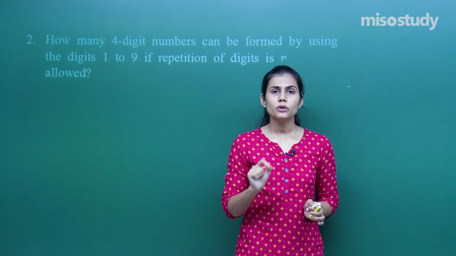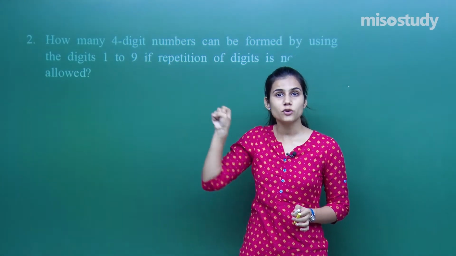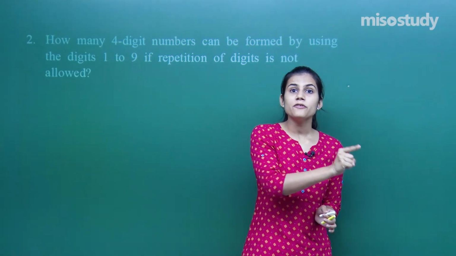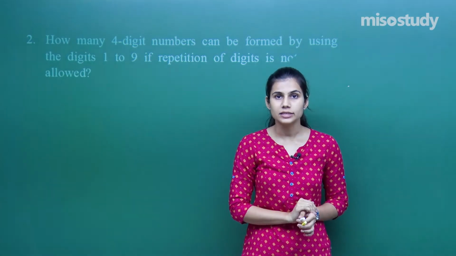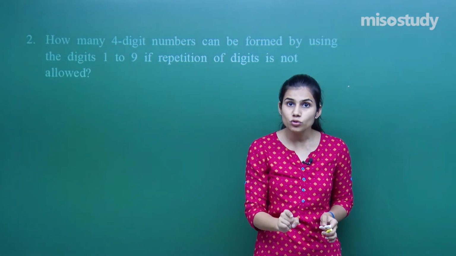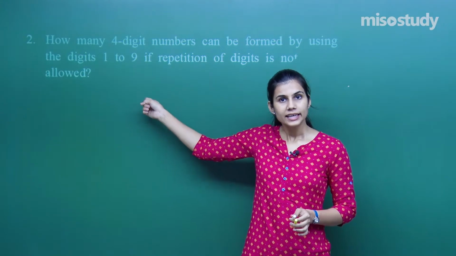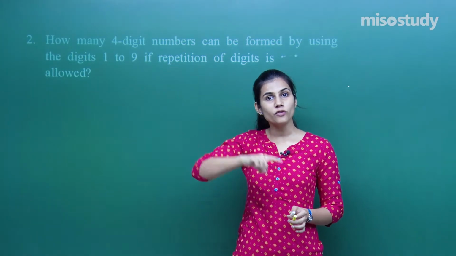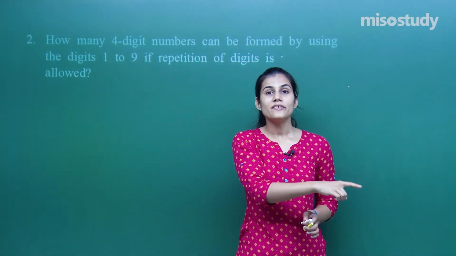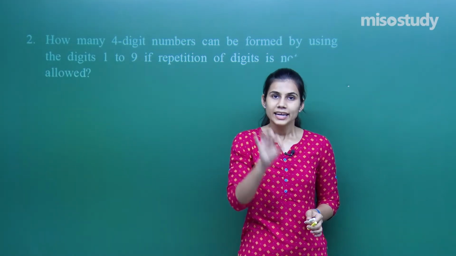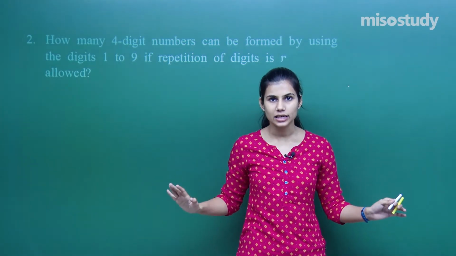That means each of the ways in which I can choose 4 digits from 1 to 9 is delivering me 4 factorial 4-digit numbers. In how many ways can I choose 4 digits from 1 to 9? Each of those choices is going to give me 4 factorial 4-digit numbers. So, I will have number of choices into 4 factorial as my final answer.